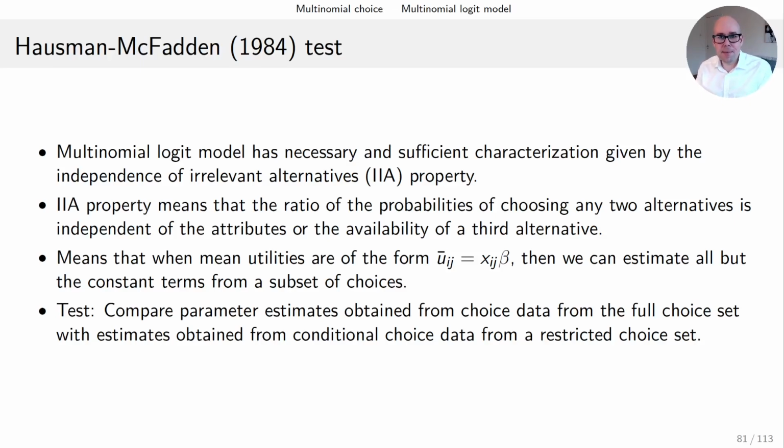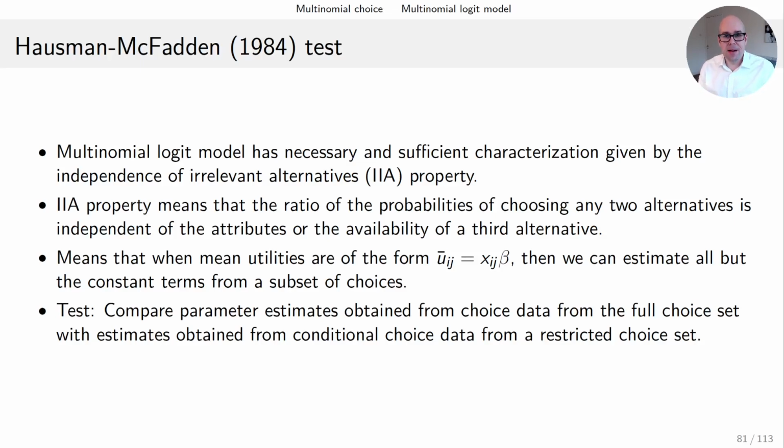And then you take a subset of the alternatives, and you only take data where people chose one of the alternatives in the subset, and you re-estimate the model with this subset of the data. And you again obtain a price coefficient, so that's a slope coefficient, not a constant term, another alpha hat, let's say, and then the test compares these two to one another.